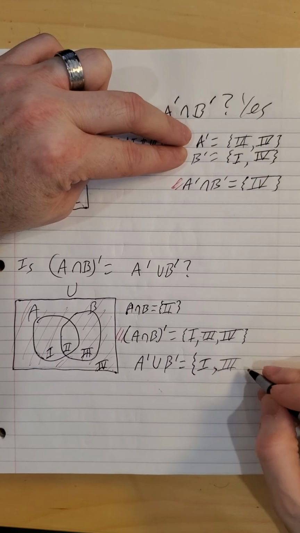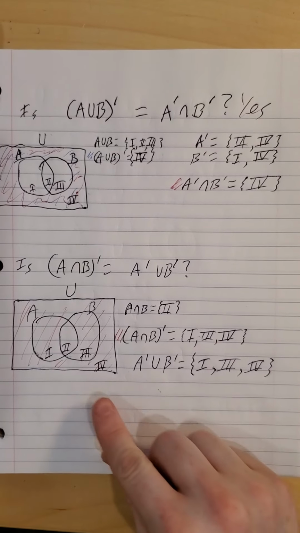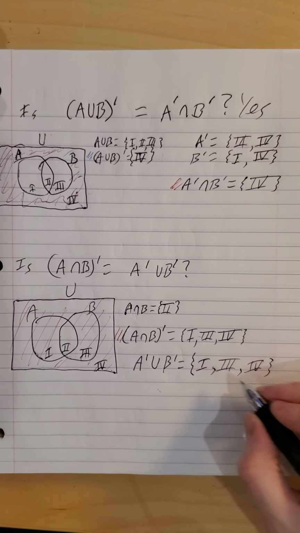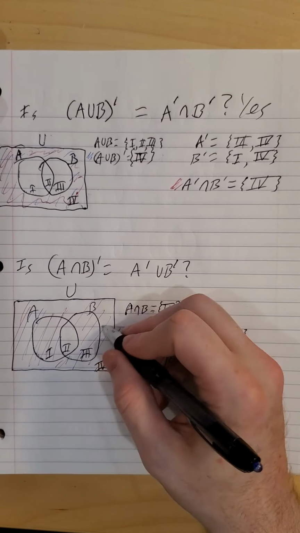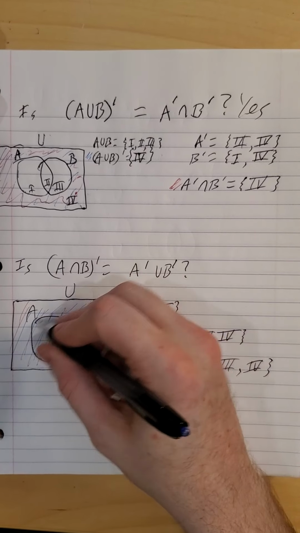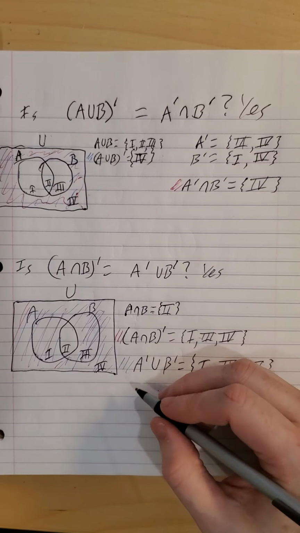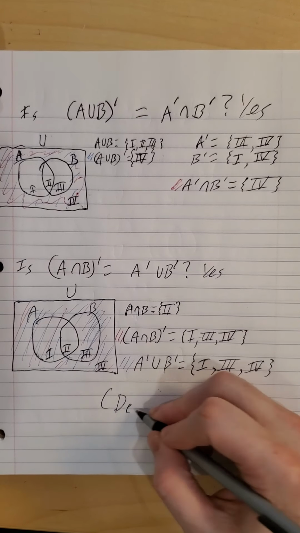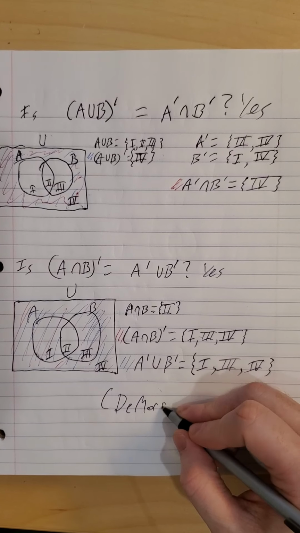And both of them have a region 4 to bring to the table. And notice this is also regions 1, 3, and 4, exactly the same. So this one is also a yes. These are what's referred to as De Morgan's laws. We're going to see them again later in our logic section as well.